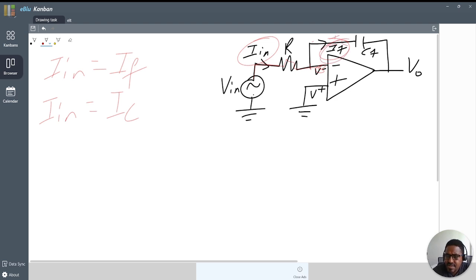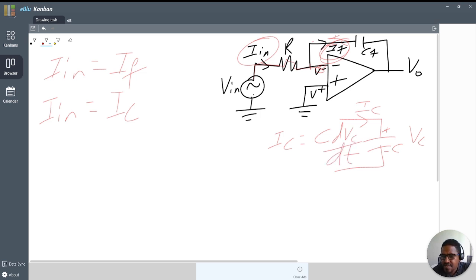You know I C during charging and discharging of a capacitor, if you remember from the fundamental course. To determine I C, it becomes the capacitance C times dVc over dt.